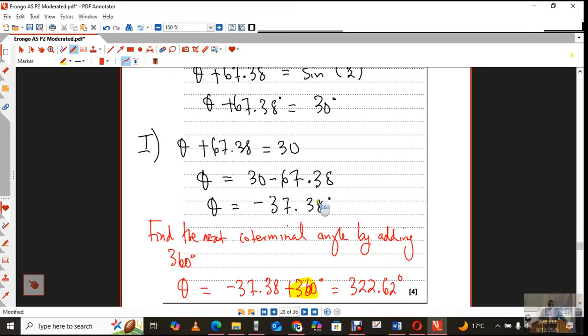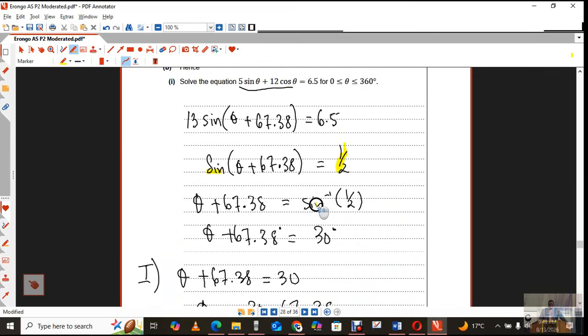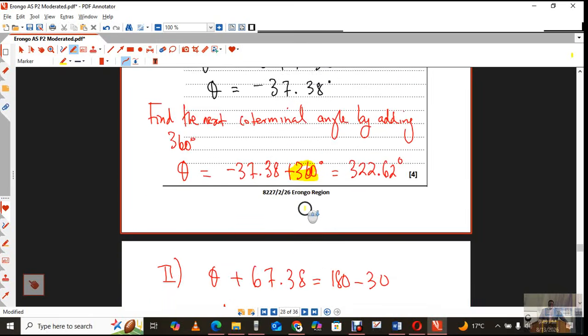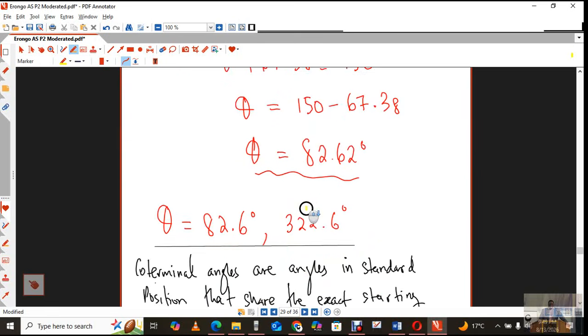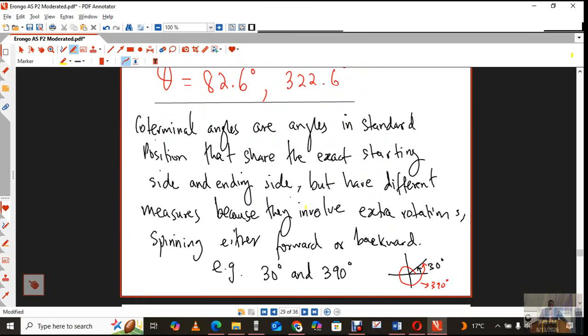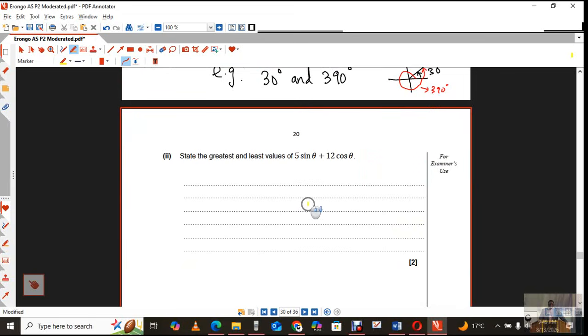One of the things that I also say is, it's always nice to be able to have a sketch in your head of any function for you to know exactly the number of solutions. They say state the greatest value of 5 sine theta plus 12 cos theta. Now remember, this here is nothing but 13 sine of, was it theta?